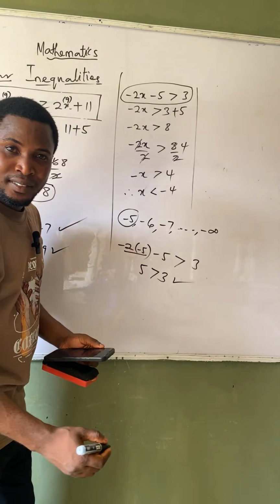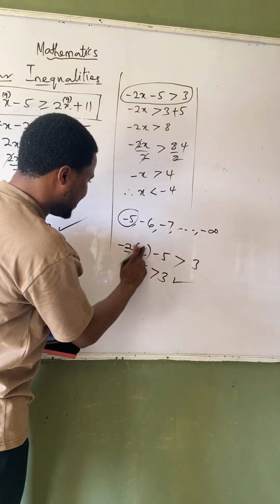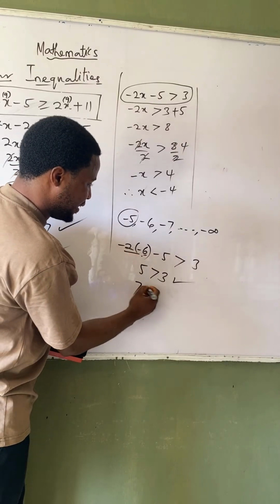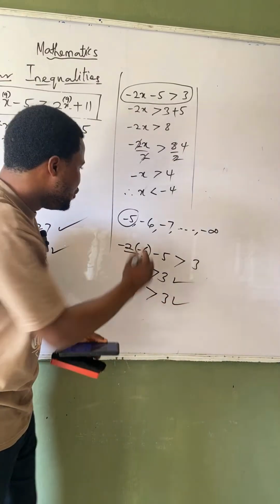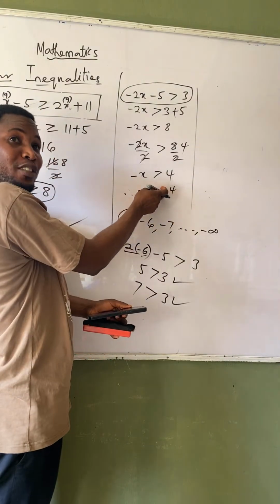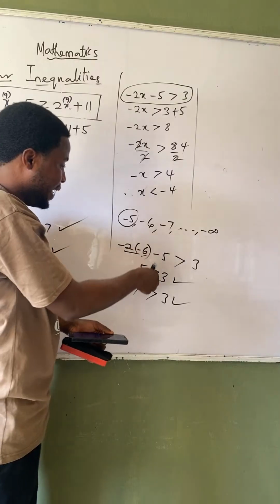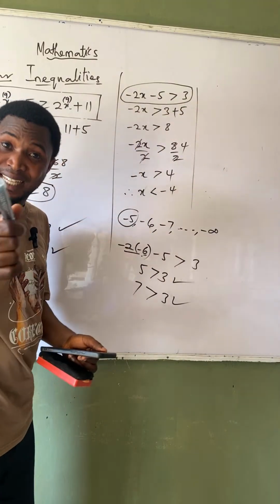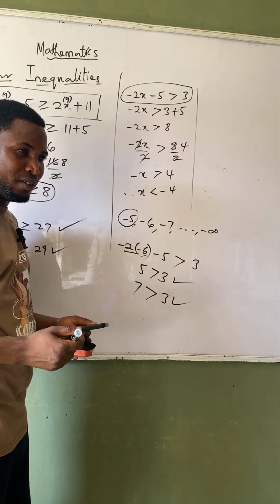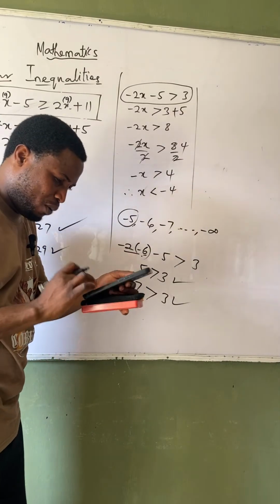Yes. Let's try -6. If I put -6 here, this is 12 minus 5, which is 7. Is 7 greater than 3? Yes. So if you put any of these values of x, where the condition is to be less than -4, if you put it here, it obeys this. And like I said, it is not all that obeys that. When we get to that situation, what do we do? So that's what we are going to be looking at.